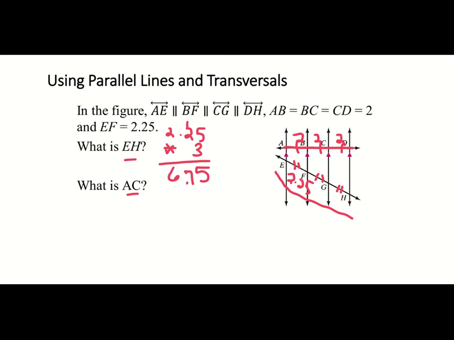And I should get 6.75 units for EH. Now they also want AC. I know A to B is 2, and B to C is 2. So that means from A to C, you would add 2 plus 2, and you should get 4. And that is it for section 6.2.